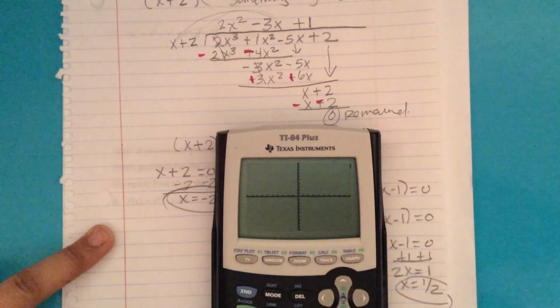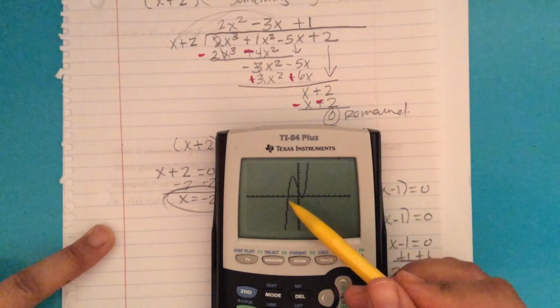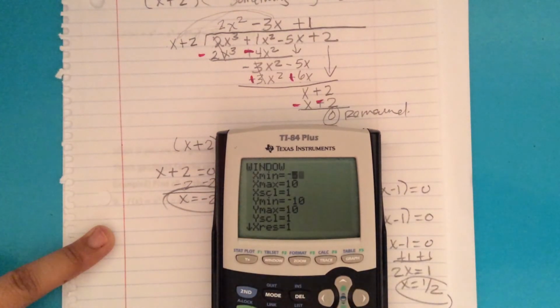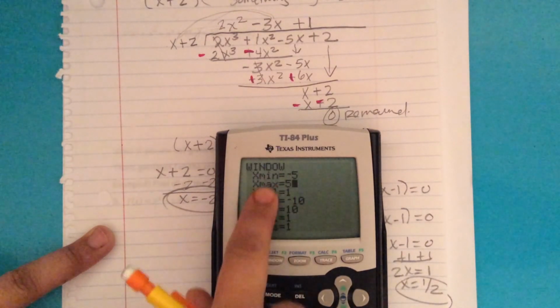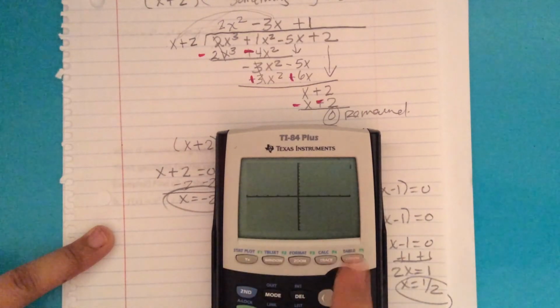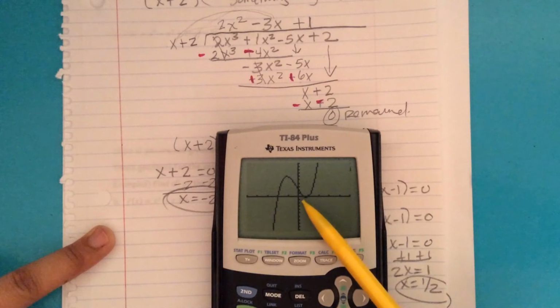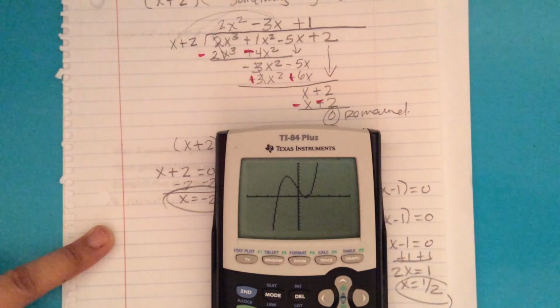We graph it. Okay, so you see 1, 2, 3, but you can't see it that much. Maybe in the window you can go from -5 to 5 on the x min and x max and then graph. You're going to see it a little better. So here's -2, 1/2, and then that 1 right there.